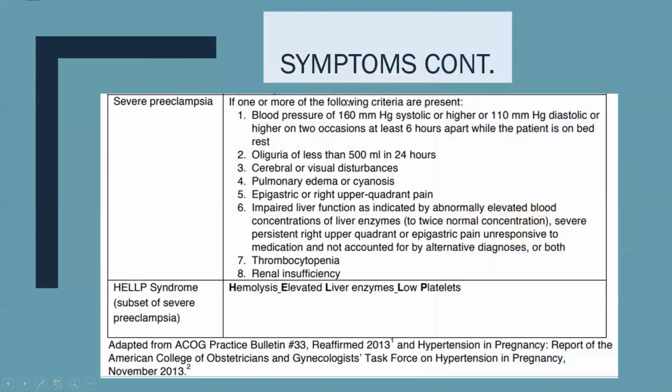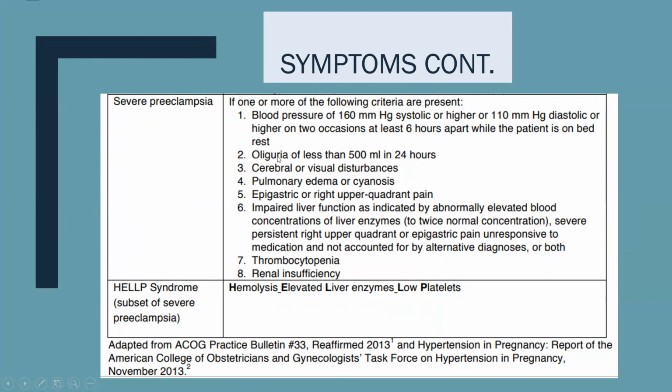So other symptoms, severe preeclampsia, and this is the second half of this page, and I have taken it straight from an ACOG practice bulletin number 33. So if one or more of the criteria are present, we call it severe preeclampsia. If they have a blood pressure of 160 systolic or 110 diastolic or over on more than 2 occasions, at least 6 hours apart.